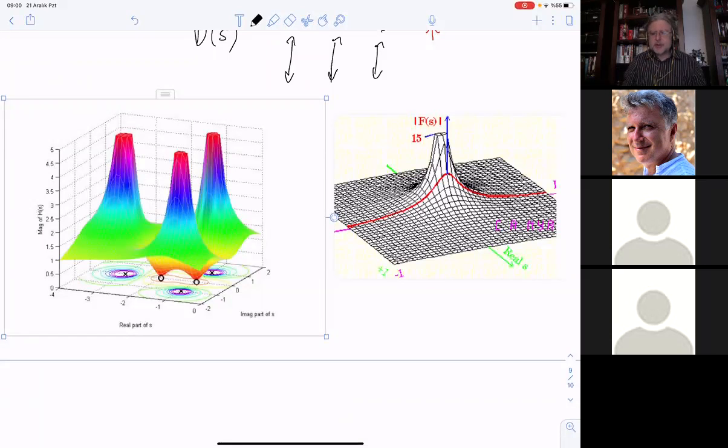Okay, now today we will continue with the Laplace transform. We have been talking about the Laplace transform.